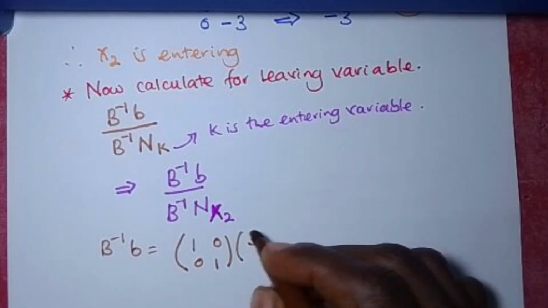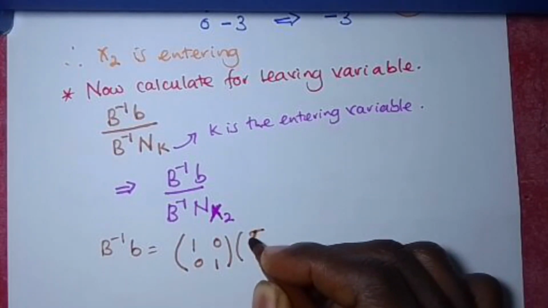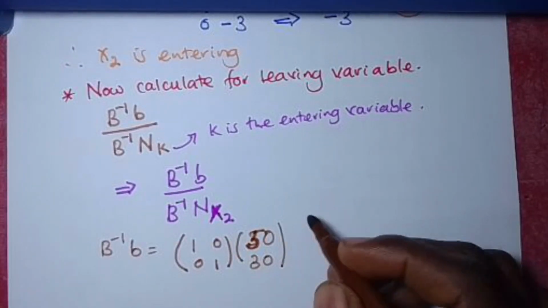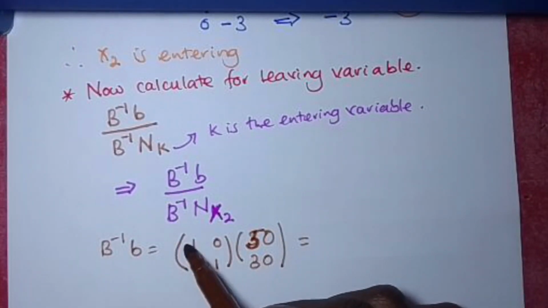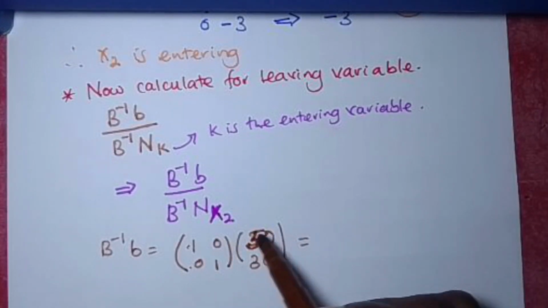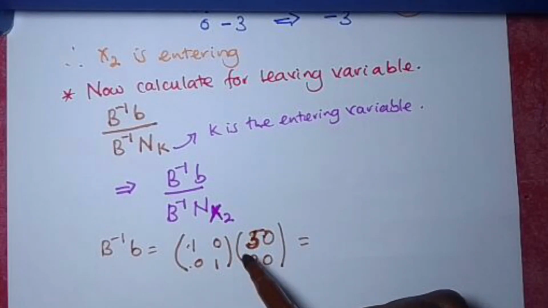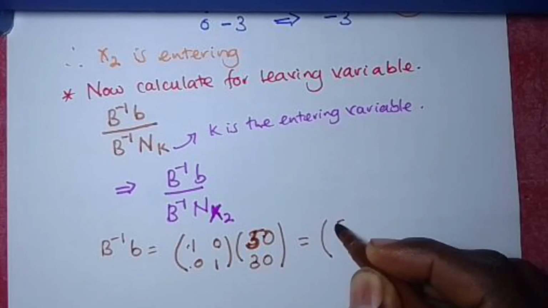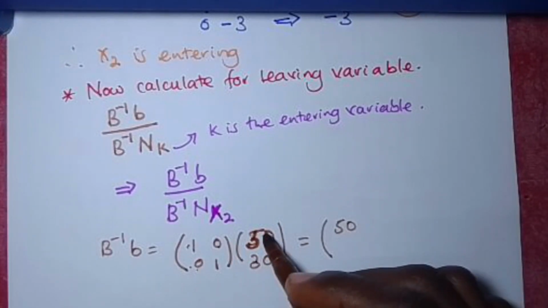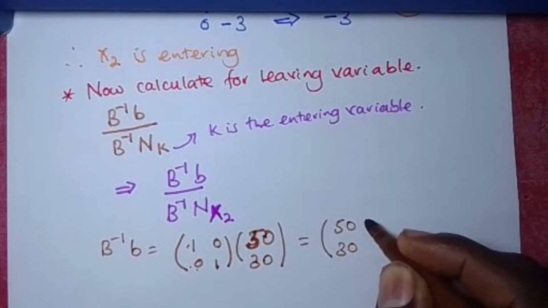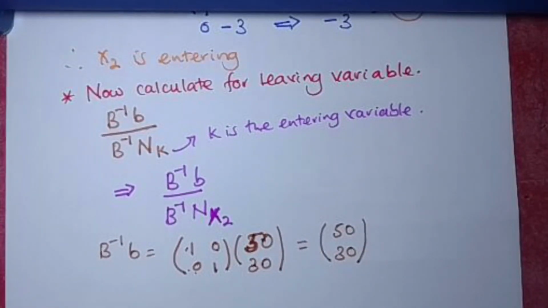It was 50, 30 here. So this one, you multiply this, it will be 1 times 50, plus 0 times 30, which is still giving us a 50. Then 0 times 50 plus 1 times 30, which will give us a 30. So from that, we already have our B inverse B set.